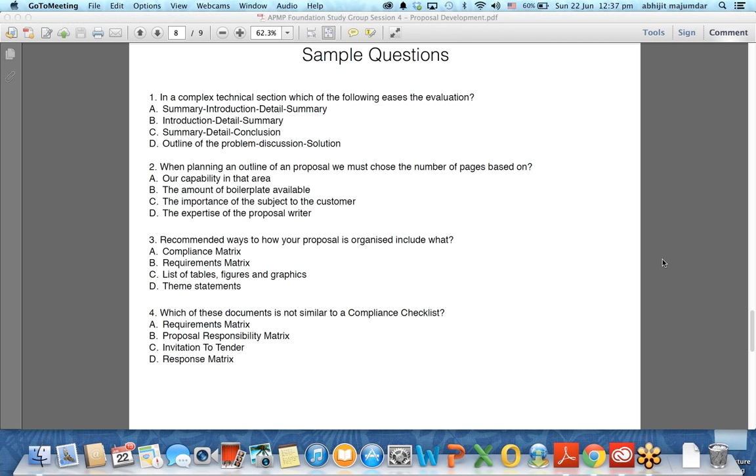Suppose you are saying that I am going to put a committed team of an account manager or a relationship manager for this engagement, or I am going to set up a gold team for an executive, for a CEO to CEO review at different milestone levels, then you should put it in the executive summary. But you do not need to give your project organization structure, that I am going to put 35 or 40 people on this project and this is how the hierarchy is going to be. That does not make sense for the executive summary.